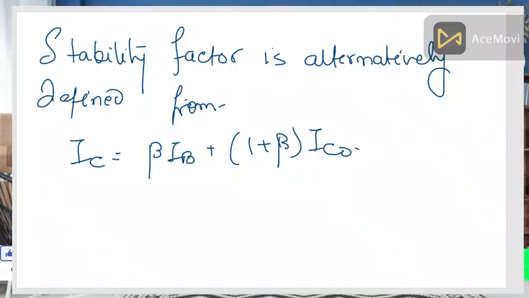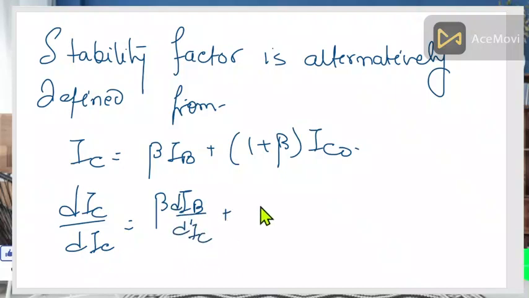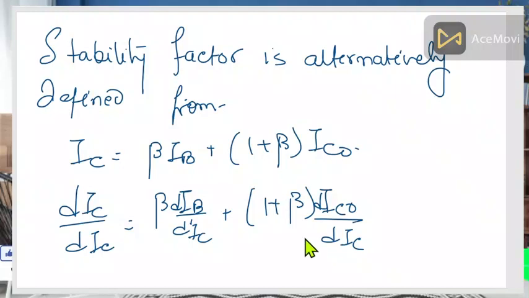Now if you differentiate with respect to IC, what happens? You get dIC by dIC equals beta times dIB by dIC plus 1 plus beta times dICO by dIC. Now this quantity, dICO by dIC, we defined as S in the previous derivation.